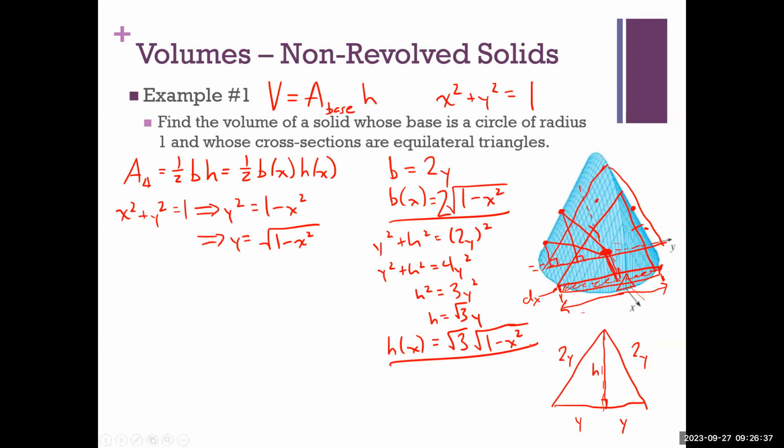We said that to find the volume of this thing, we were going to integrate, so we could multiply our area times our depth, thickness, whatever you want to call it.